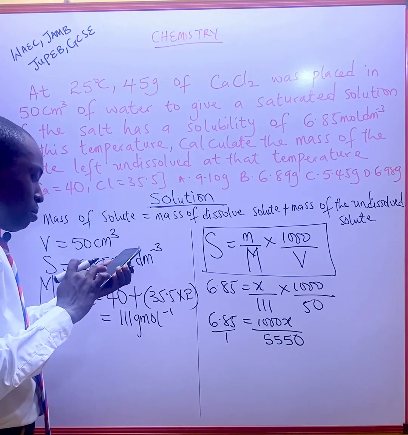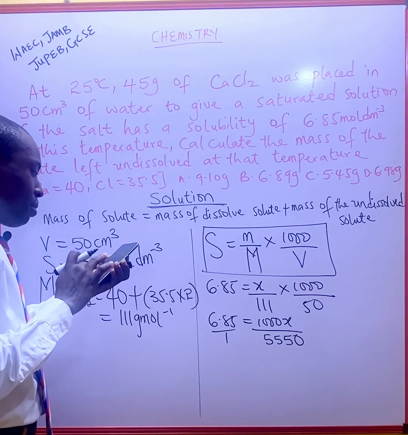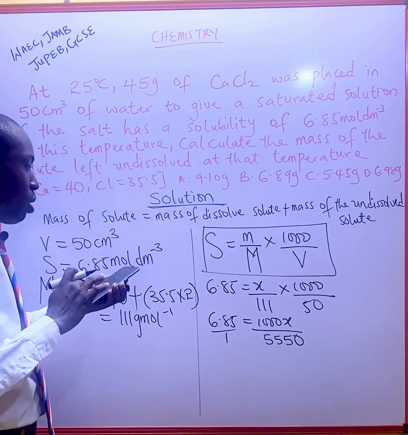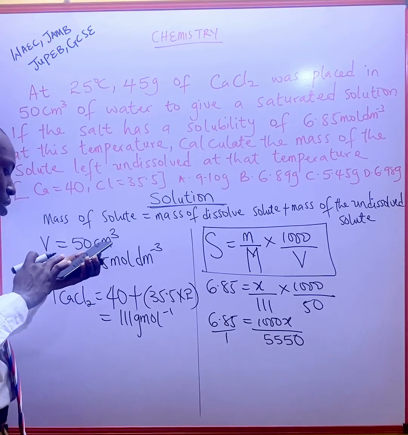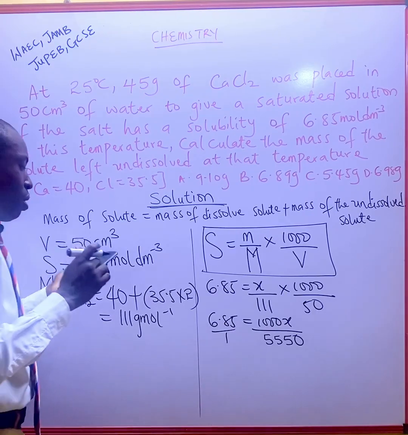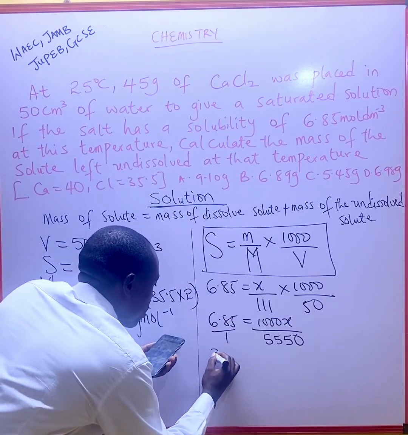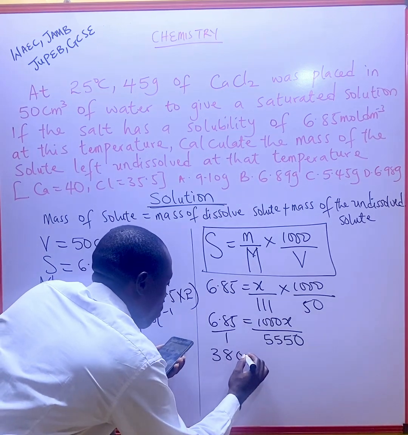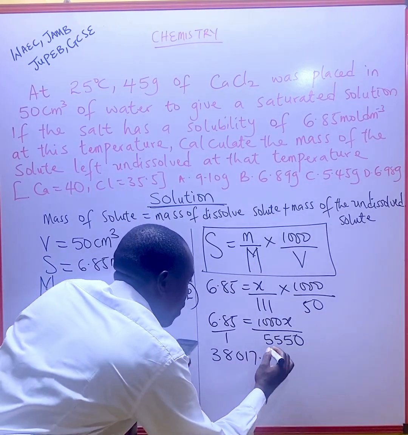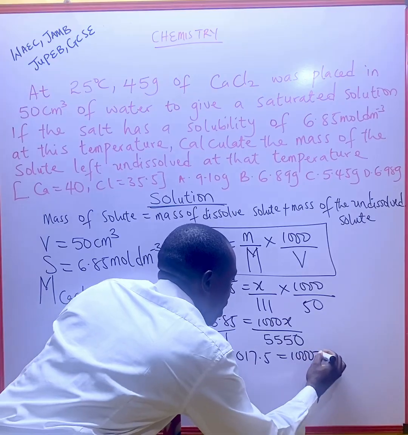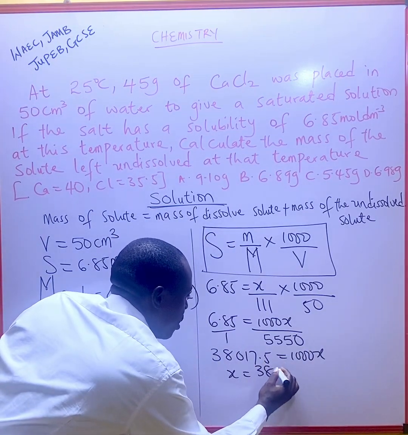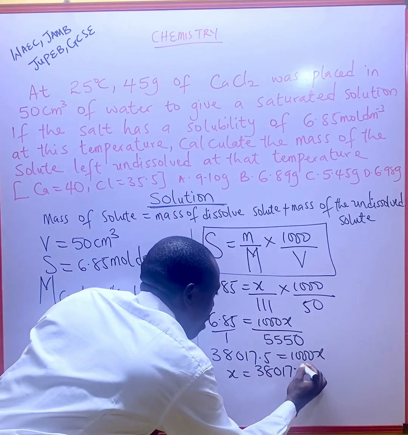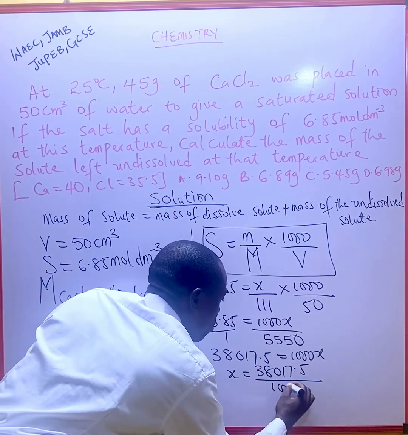Of course, when you multiply here, it becomes 5550 multiplied by 6.85, which will give me 38017.5 equal to 1000X. Now I'm looking for X. You divide now with 1000: 38017.5 over 1000.